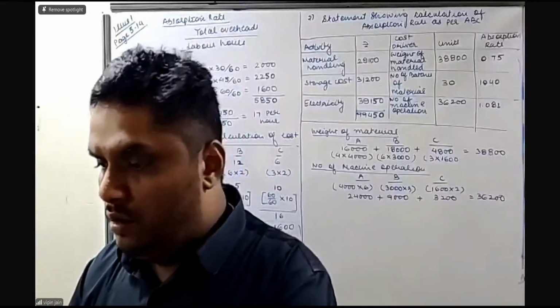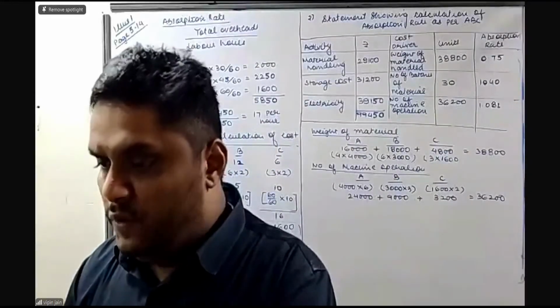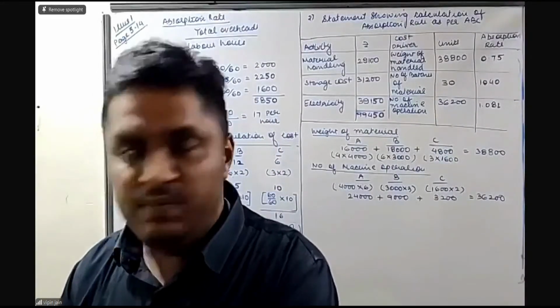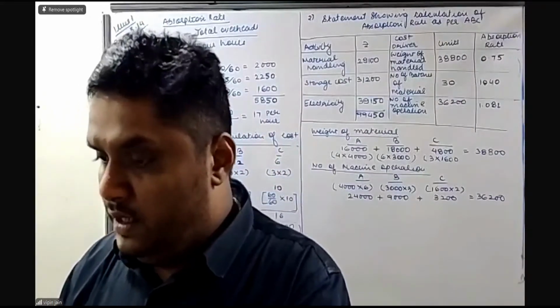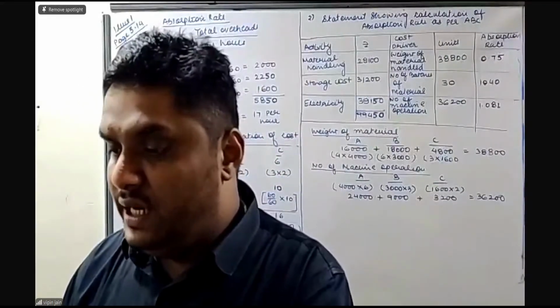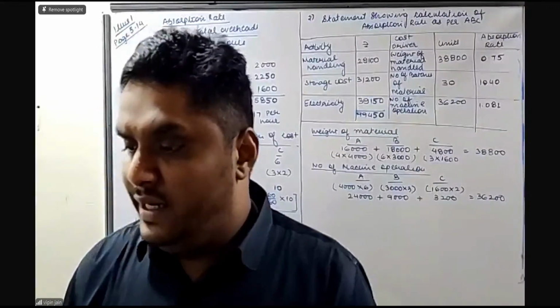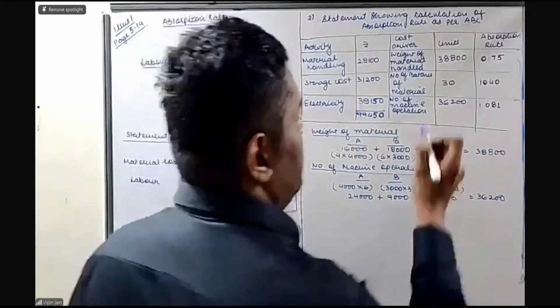So now, if you have any doubts, please post. Okay, there is a query, sir. How come you got 30? See, it is given in the question straight away, the number of batches of material, that is 10 plus 5 plus 15.